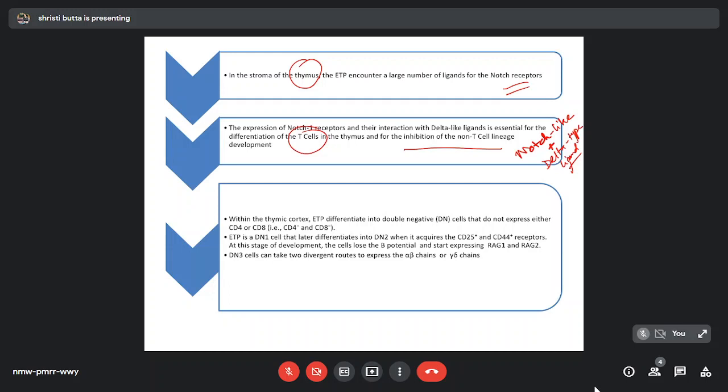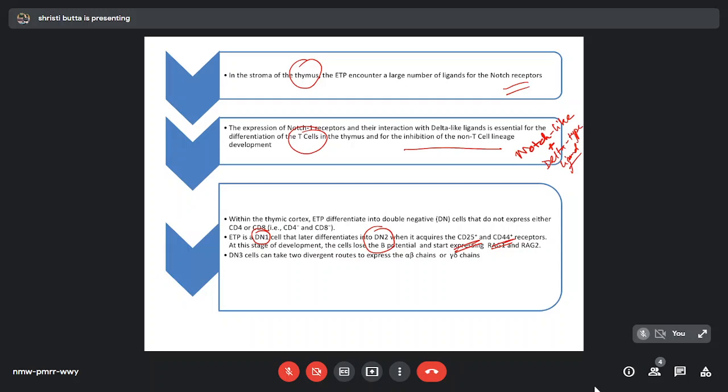Within the thymic cortex, we have the early thymic progenitors which differentiate further on into the double negative cells. It should be noted that the early thymic progenitors are the double negative type 1 cells, that is the DN1 cells. The early thymic progenitors later on differentiate into the double negative type 2 cells when they acquire CD25 and CD44.